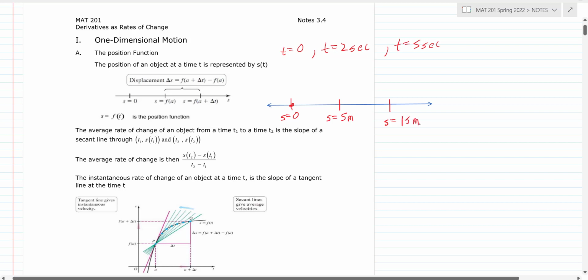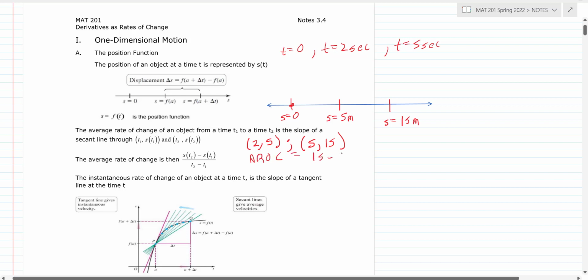So you can represent motion in that way on a number line, and you can find an average rate of change, and ultimately we could figure out an instantaneous rate of change. An average rate of change, remember, is just a slope. So if you had the point at 2 seconds, you went 5 meters, and another point after 5 seconds, you went 15 meters, then you could find that average rate of change just by doing the slope.